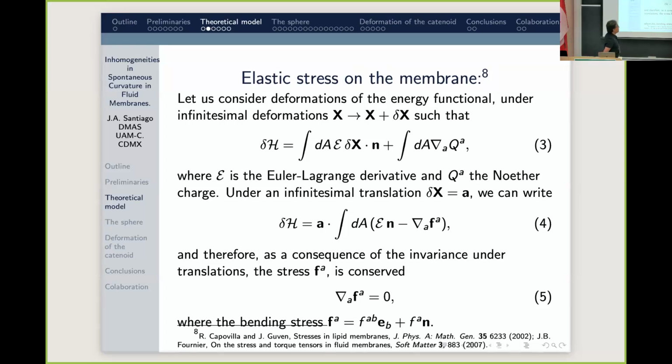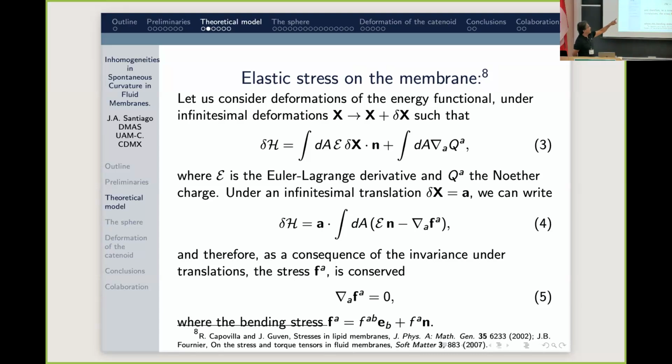Then we consider the variation of the energy under infinitesimal deformations such that the derivative of the Helfrich Hamiltonian can be put as in equation 3.